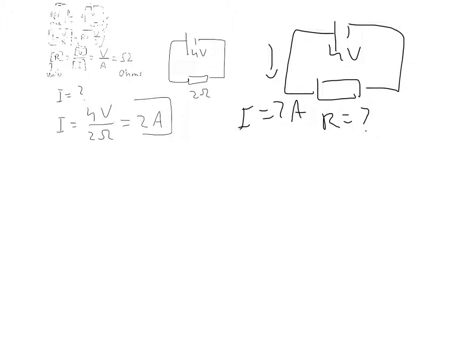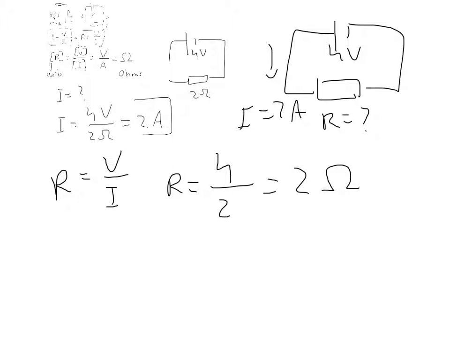Well, in this case, I would use this equation, that resistance equals V divided by I, and therefore resistance will be, again, 4 divided by 2 equals 2, and what are the units? Yeah, ohms. The weird little letter that looks like a horseshoe.